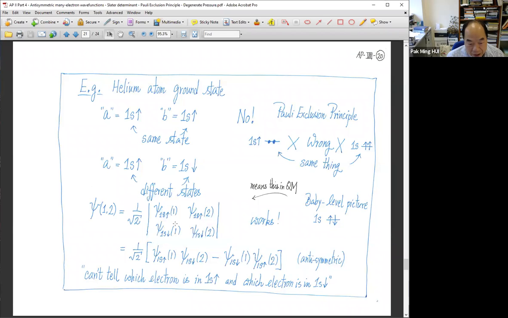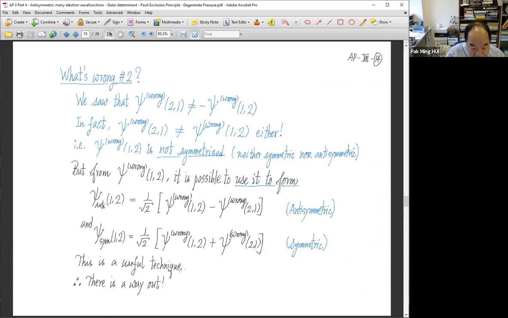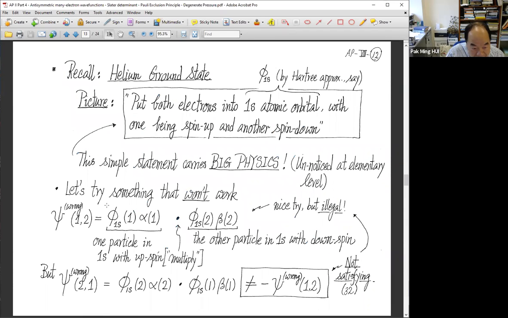Now, if you multiply this out, it will be something like that. All right. Then what is this? This is 1s up. Okay, this is 1s down.